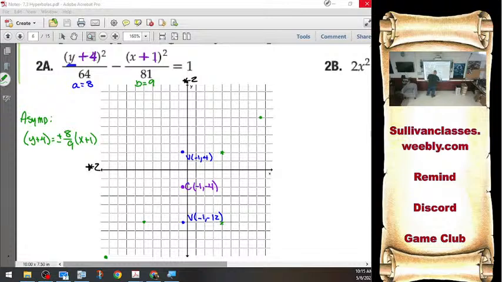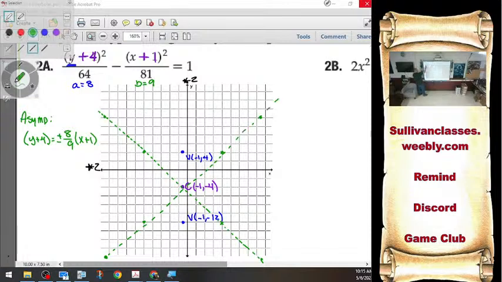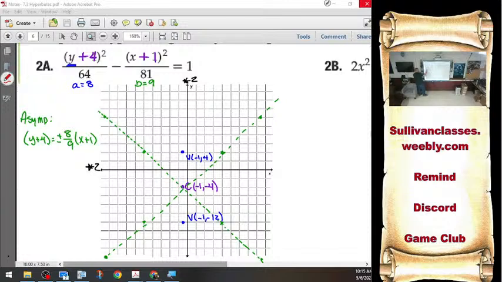There you are. So most of us are probably content with that. All right, I got enough for my asymptotes.